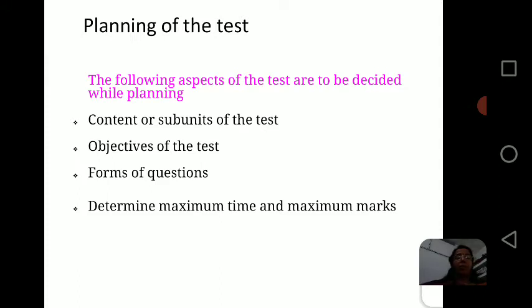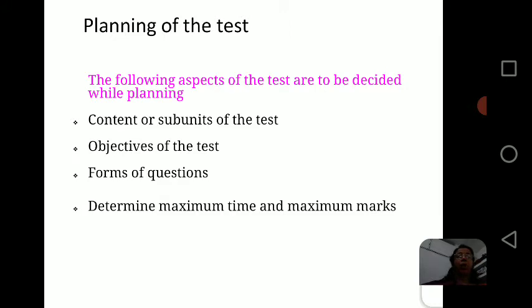Planning of the test. As you all know, for every task we need good planning. And here the following aspects of the test are to be decided by planning. One is content or subunits of the test. First of all, you have to demarcate the content, which means the topics, subunits, the specific topics of your test.